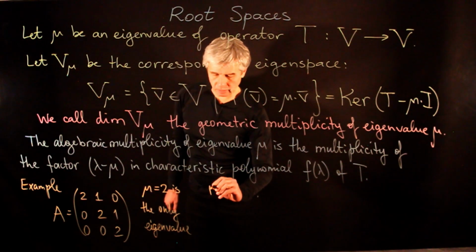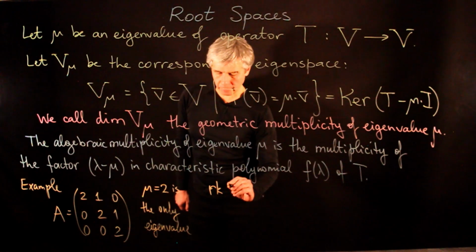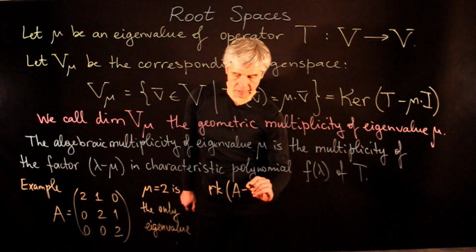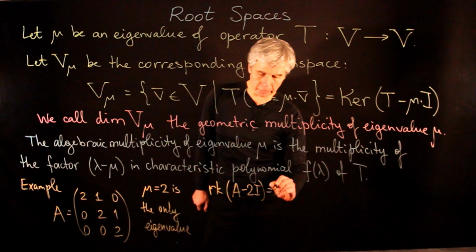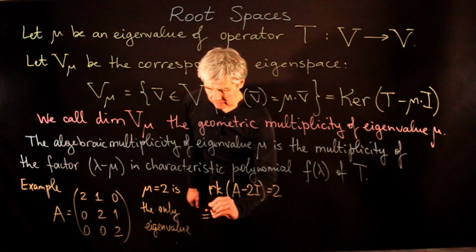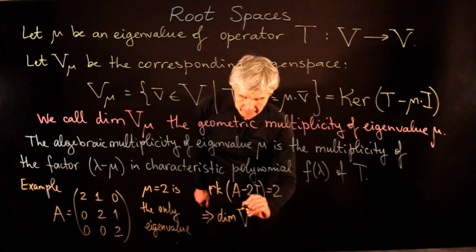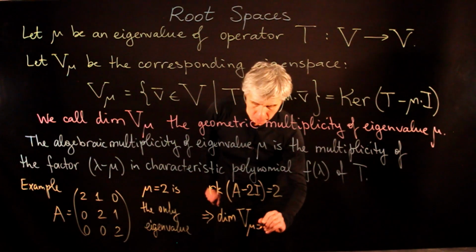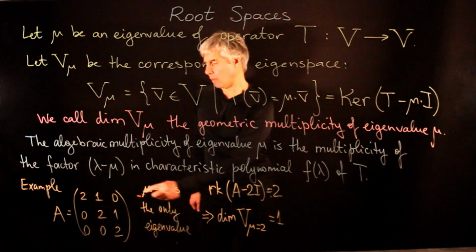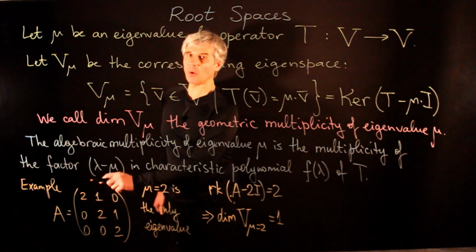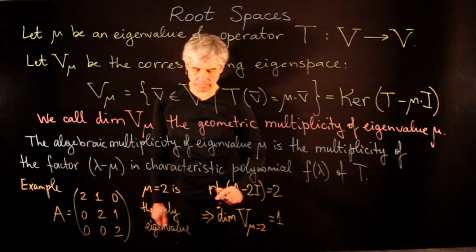And since the rank of the matrix A minus 2I is equal to 2, this tells us that the dimension of the eigenspace for mu equals 2 is equal to 1. The first basis vector is the only eigenvector for this matrix.